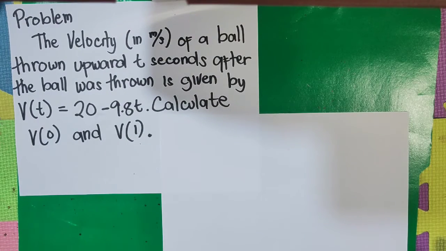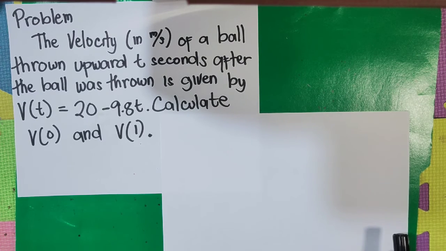Now we know how to evaluate functions. Let's try the problem. The velocity of a ball thrown upward, t seconds after the ball was thrown, is given by v of t is equal to 20 minus 9.8t. Calculate v of 0 and v of 1. First, we need to identify the given.